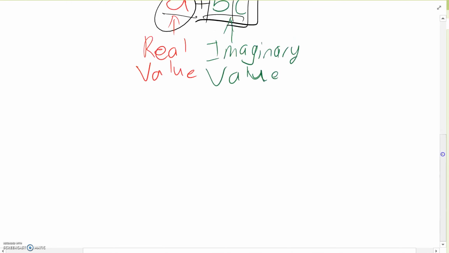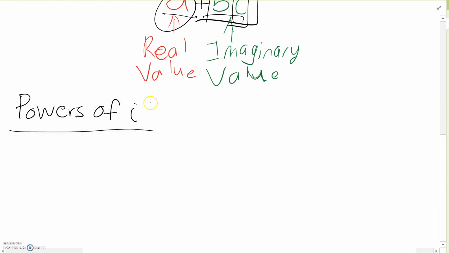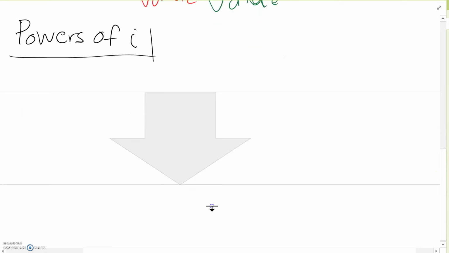First off, a couple imaginary values. So we want to do powers of i. What's going to happen is we're working through different problems with imaginary values. You're going to see that you can get stuff like i to the 18th power, or i to the 22nd power, or i to the 30th power, something like that. And we want to know how to simplify that.